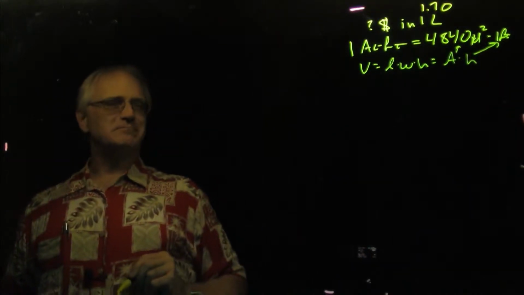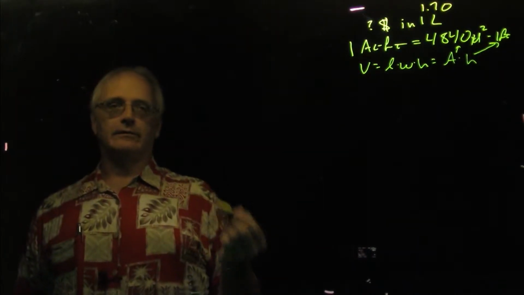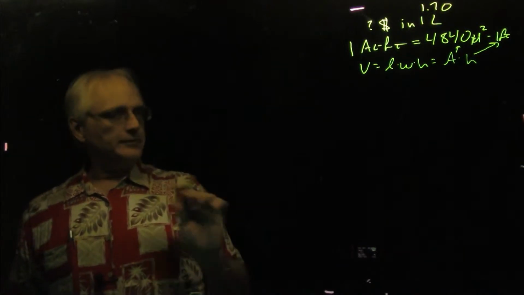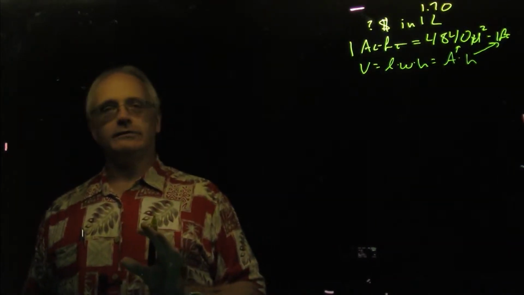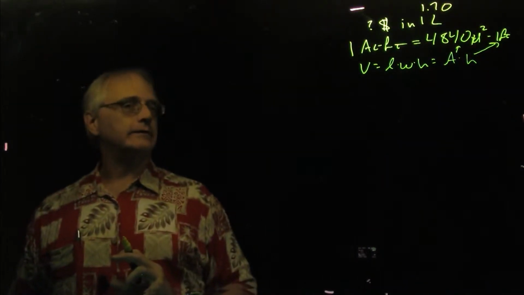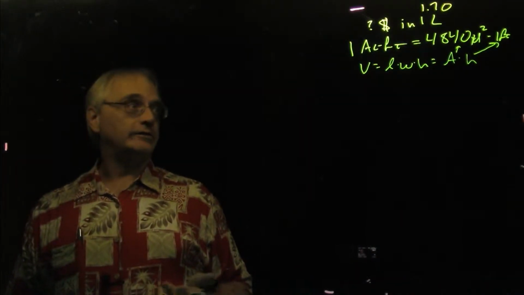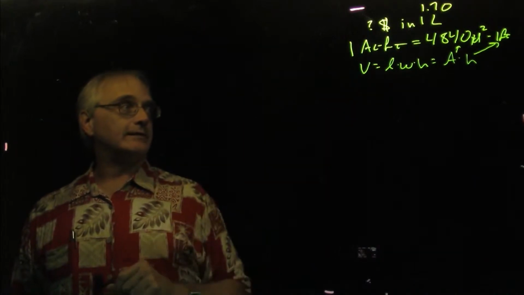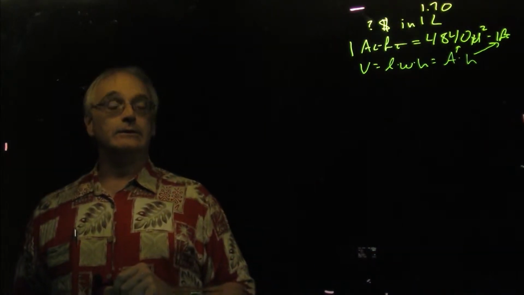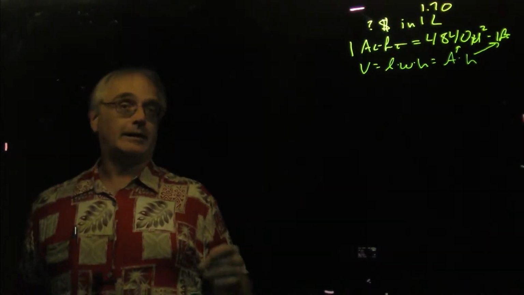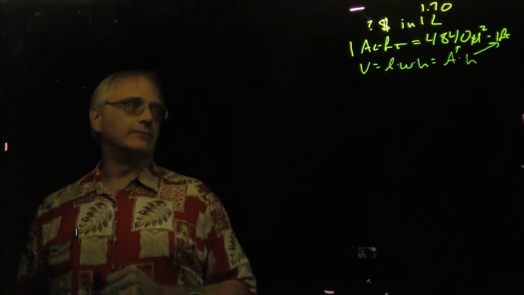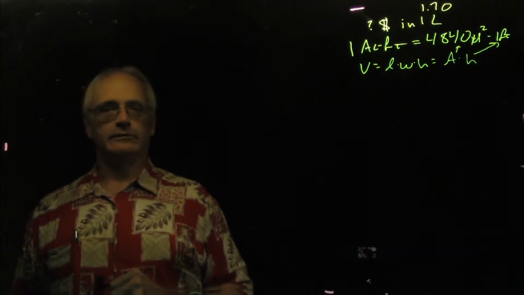It's this strange mix of units, square yards and 1 foot. But we'll take care of that in just a moment. I want you to realize it fits all the definition of volume type units. And in fact, ultimately our strategy is simply to turn that silly old volume unit into liters, which is another classic metric volume unit that we're going to make use of.